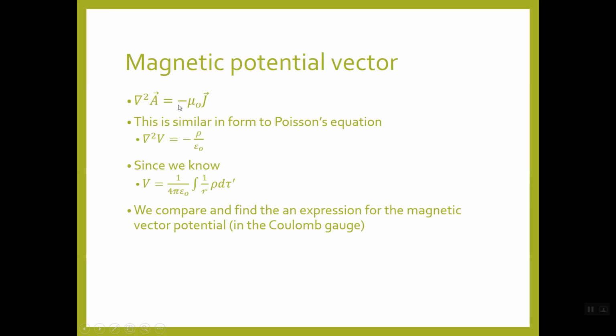Since the Laplacian of A is minus mu naught J and of V is minus rho over epsilon naught, we replace things to get an expression for the magnetic vector potential in our Coulomb gauge. Instead of epsilon naught, we have mu naught. Instead of rho, we have J. So the magnetic vector potential A is mu naught over 4 pi times the integral of 1 over r J d tau.